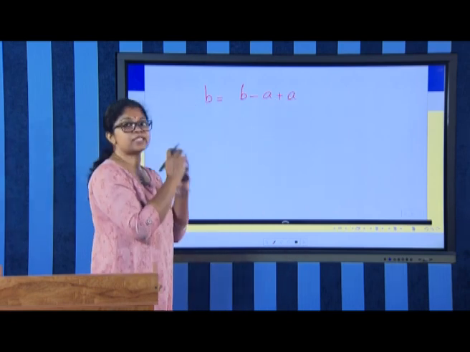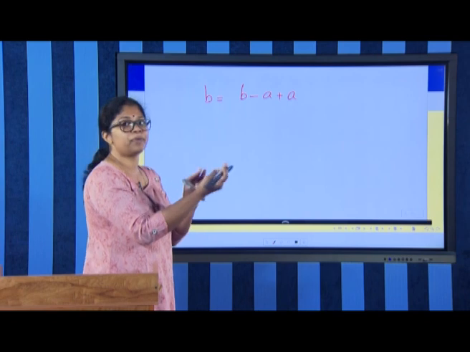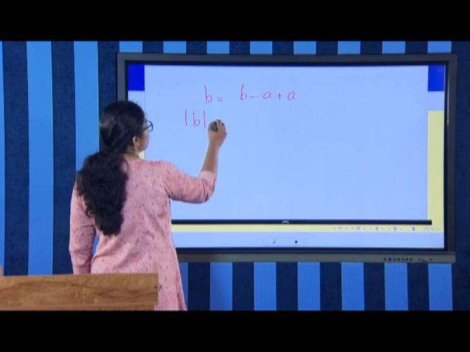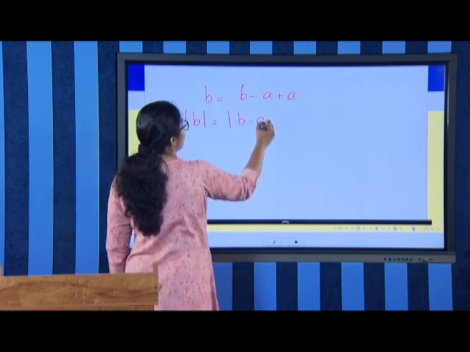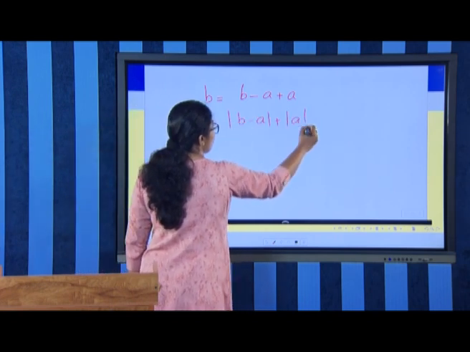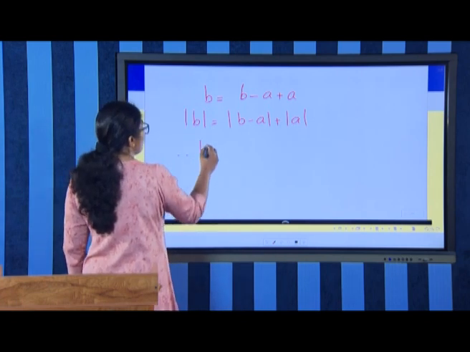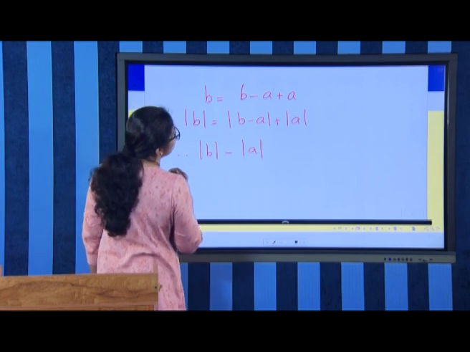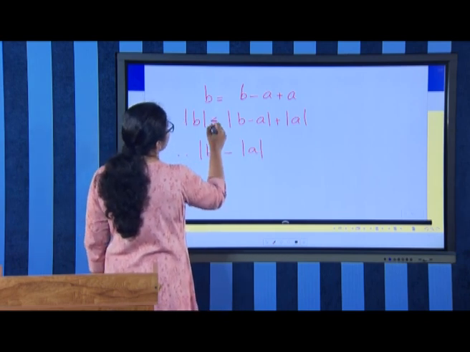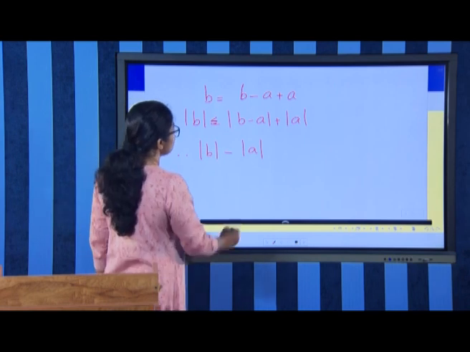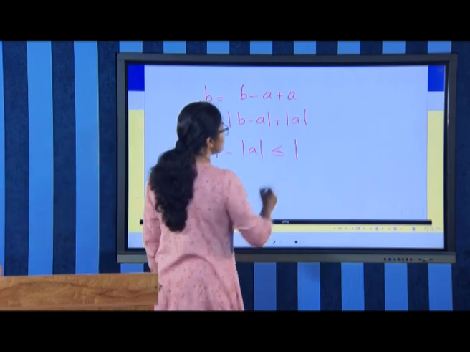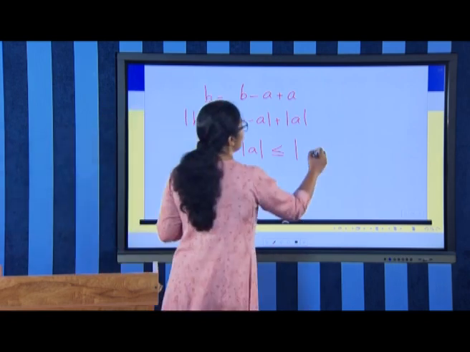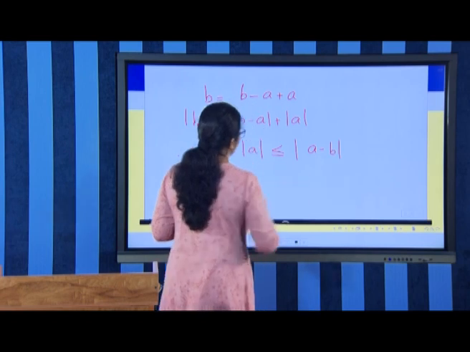Again, we want to express b in terms of a minus b or b minus a. Again, applying the same result, modulus of b is less than or equal to modulus of b minus a plus modulus of a. Therefore, modulus of b minus modulus of a is less than or equal to, by applying the triangle inequality, modulus of b minus a, and modulus of b minus a is the same as what? Modulus of a minus b.